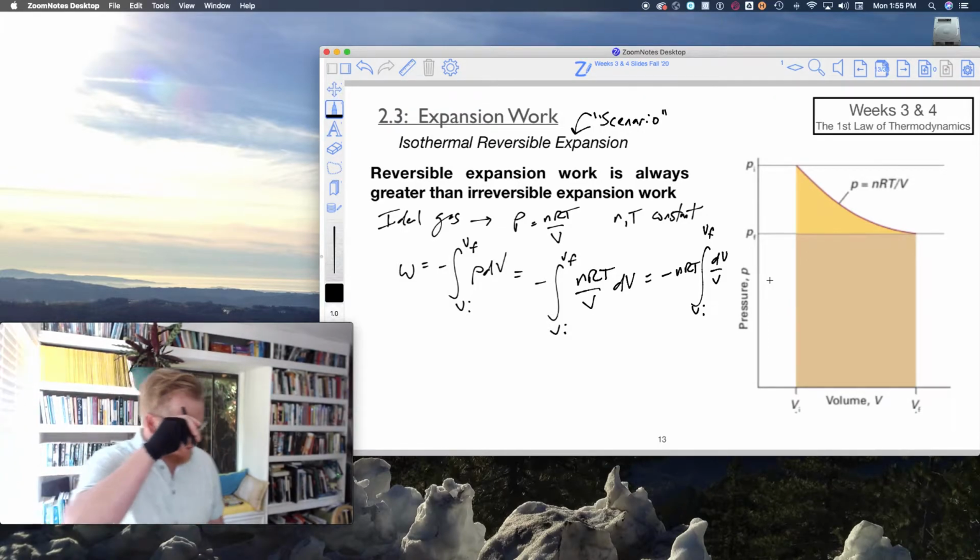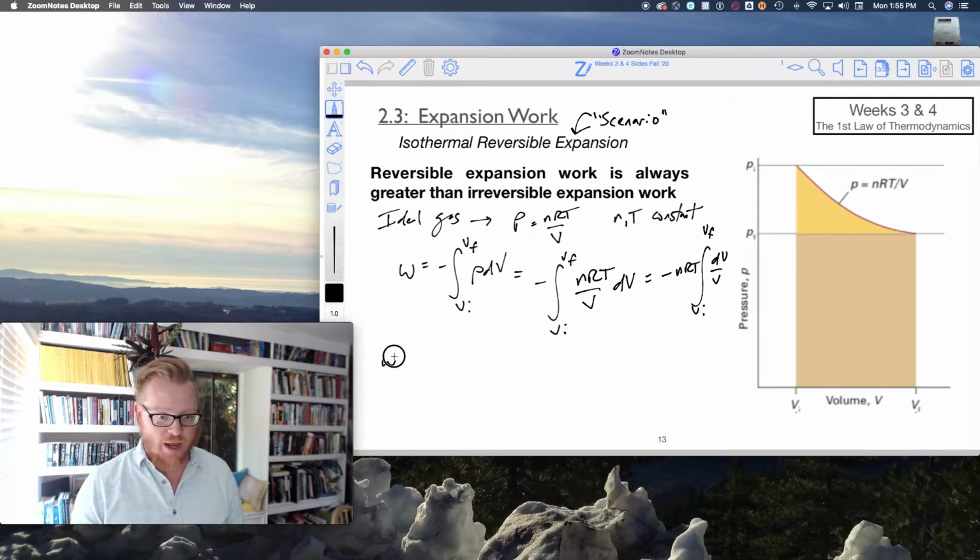Pause the video for a second and just see if you can complete that integral. It's not too bad. You should not even need Mathematica for that one. See if you can remember how to integrate dV over V. I'm just going to go ahead and give you the answer. It's negative nRT. And then, when I also apply the limits VF and VI, I get natural log of VF over VI.